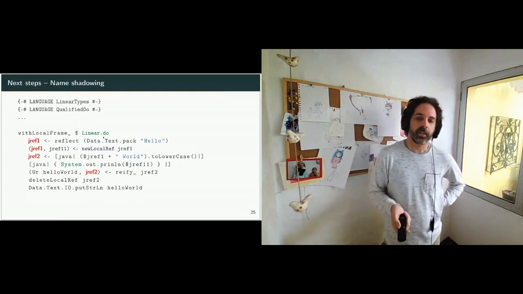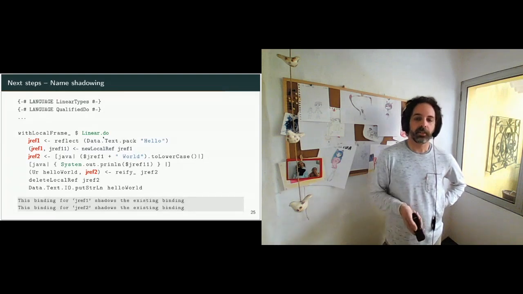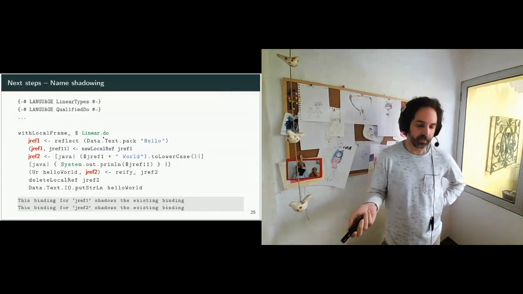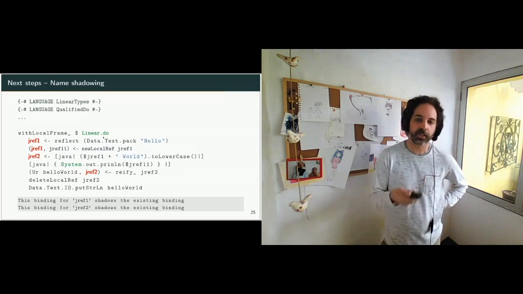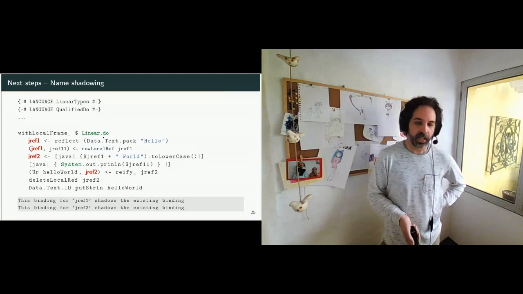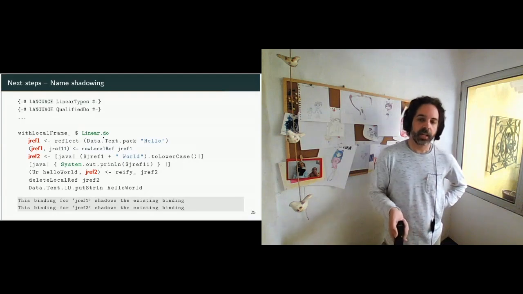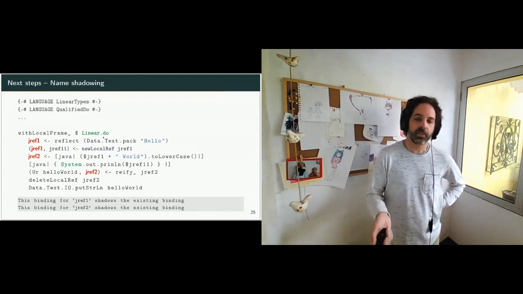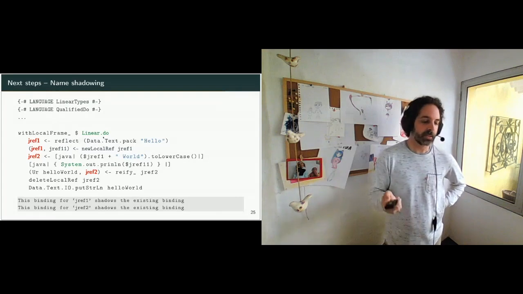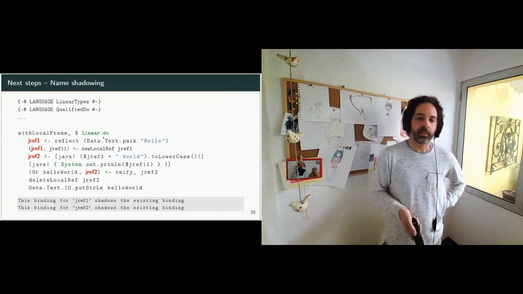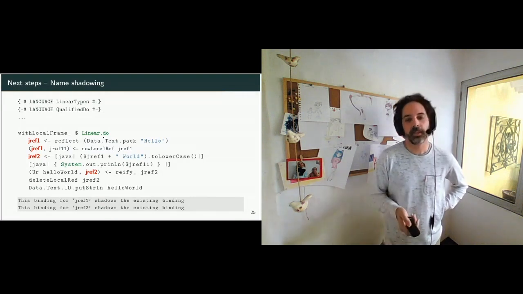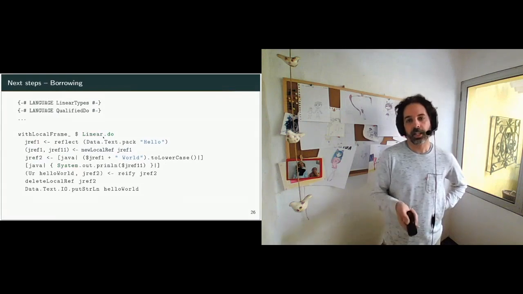It looks like in order to please GHC, we need to come up with a new name every time we pass along one of our references or when we duplicate them. It's unclear whether we really need to use different names, given that our variables need to be used exactly once. So perhaps the warning about name shadowing could be disabled when using linear types.